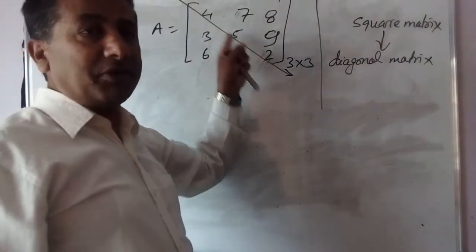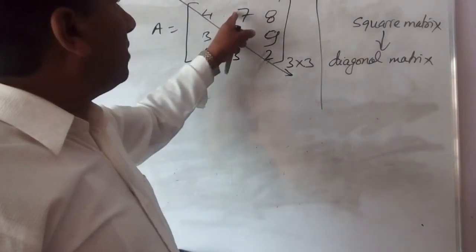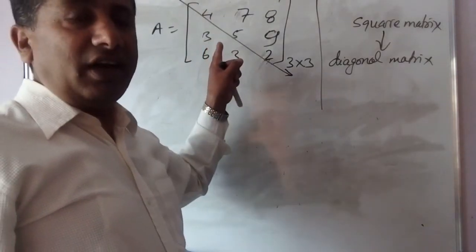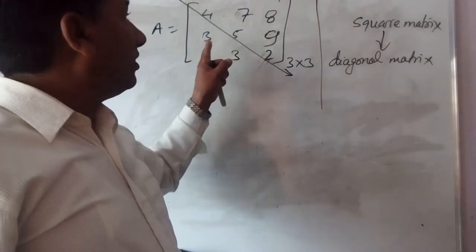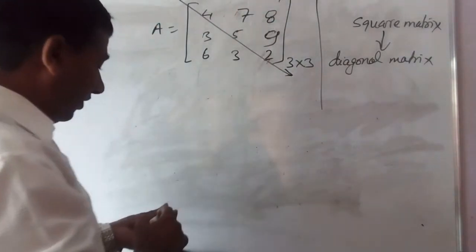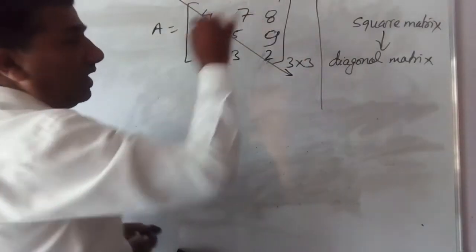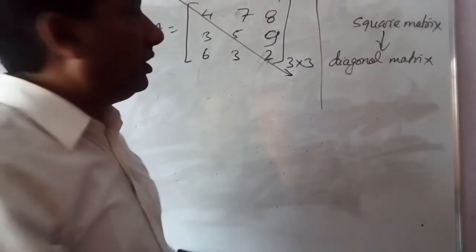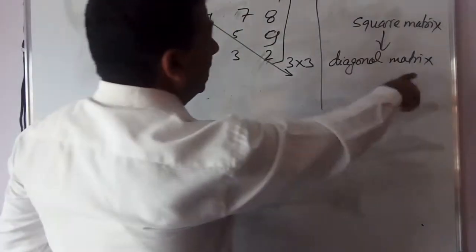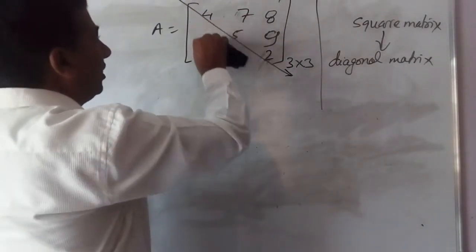They are the elements of the diagonal. These 7, 8, 9, 3, 6 are non-diagonal elements. They are not elements of the diagonal. If only the diagonal elements are non-zero and the non-diagonal elements are 0, then that matrix is known as a diagonal matrix. Okay, I write all this here.